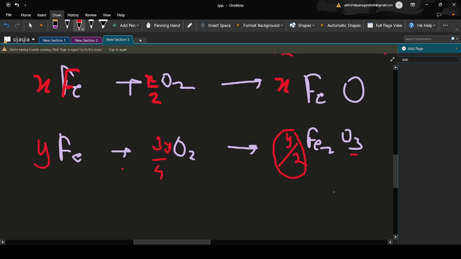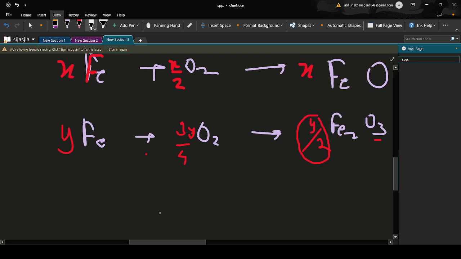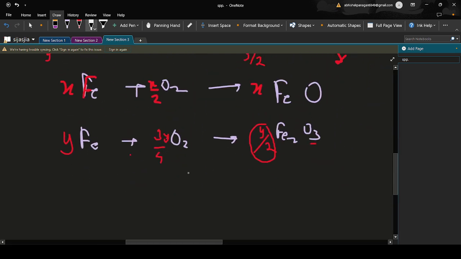We have 3Y by 2 moles of oxygen on the right, and on the left we got 1 initially, so we have to multiply this with 3Y by 4 so that we balance this as per the law of conservation of mass. Don't forget that. So this is our main thing which we have to proceed with.